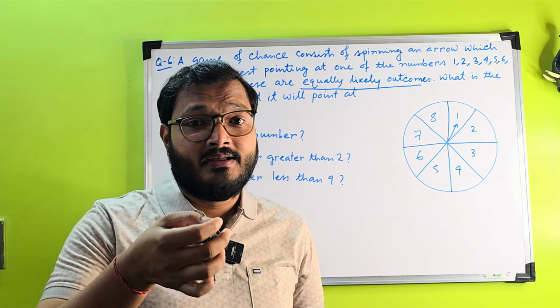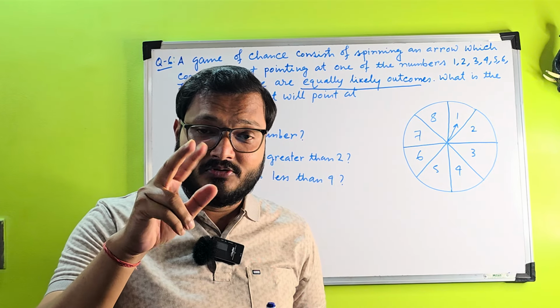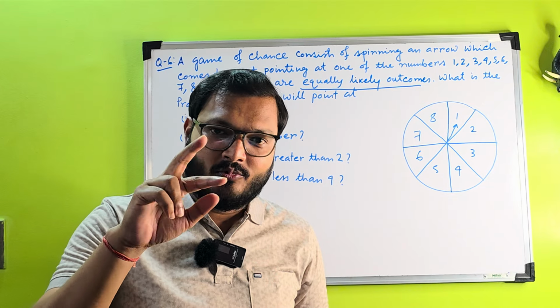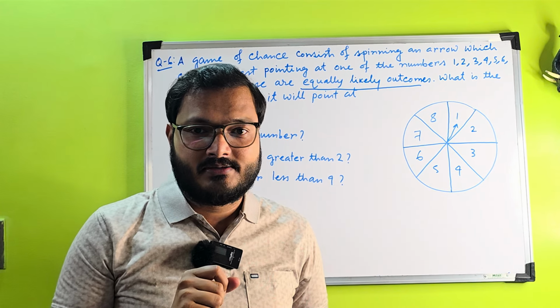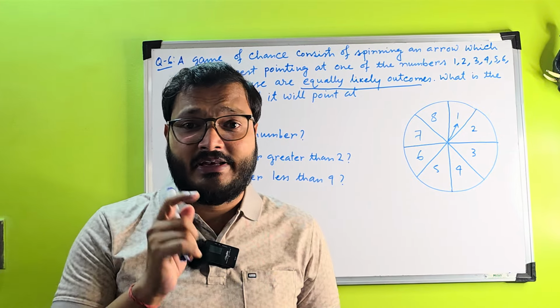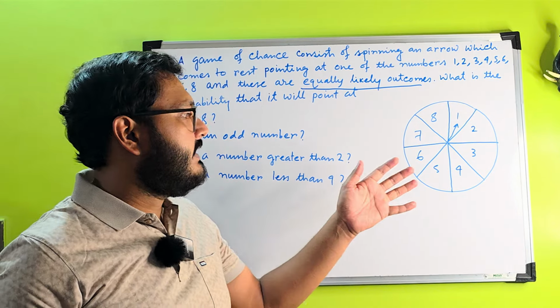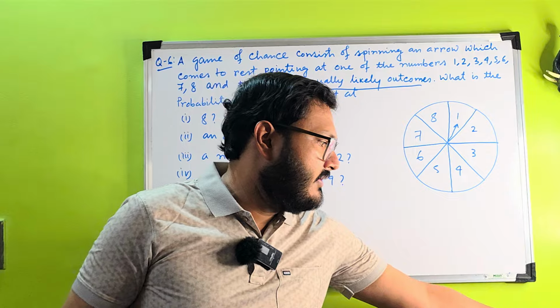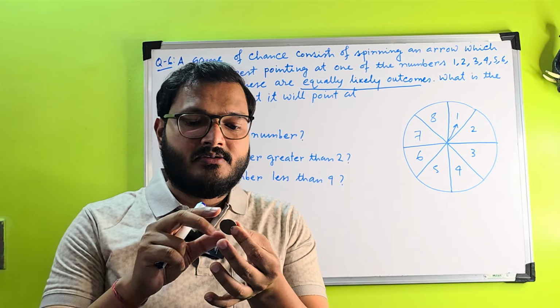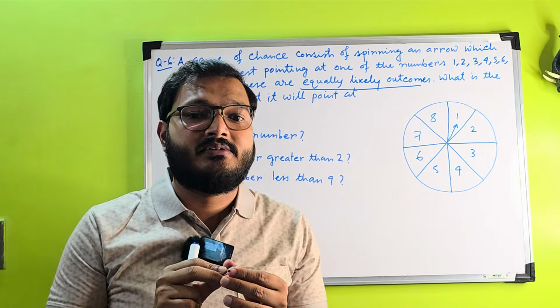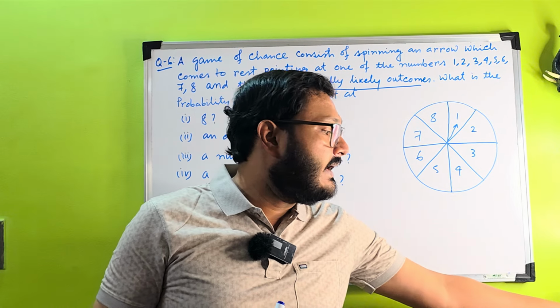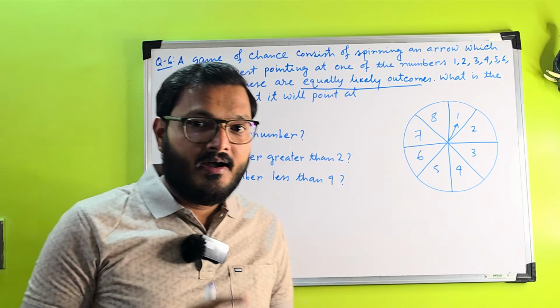There was a coin with two sides the same, both heads, so that was a biased one. That's why Amitabh Bachchan was winning every time. But if I toss a general coin, head or tail, they have equal chances, so that's why they are called equally likely events. Okay, I hope it's clear.